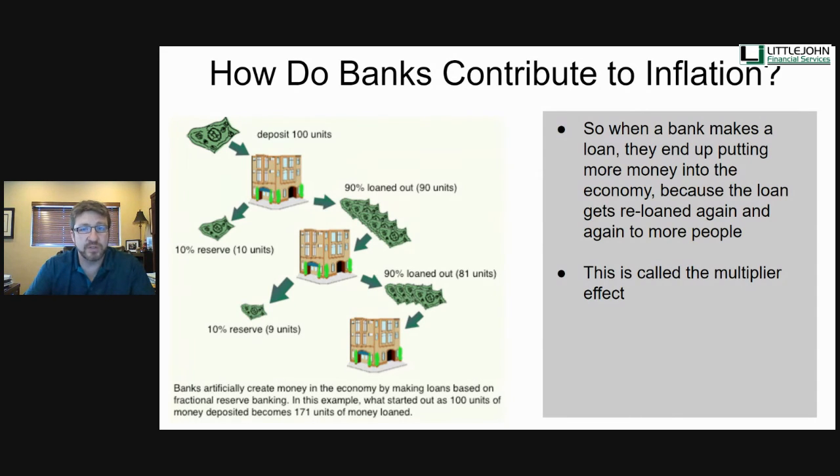So you can make bigger loans to people. And that's part of what we call the money multiplier effect. So the multiplier is, let's get money into the banking system and let the banks magnify it so we can generate inflation. It's actually a target of the Federal Reserve, and our government wants a little bit of inflation.